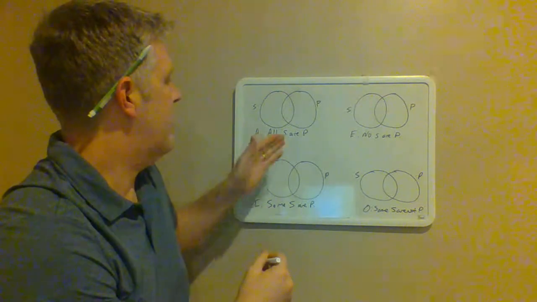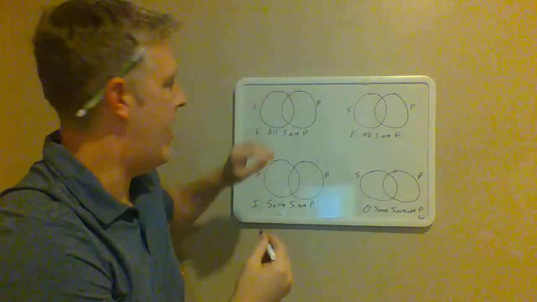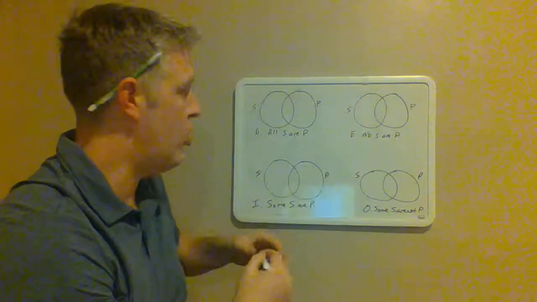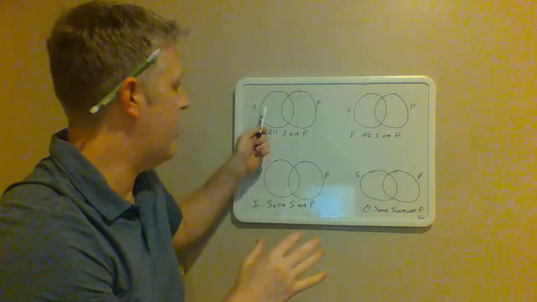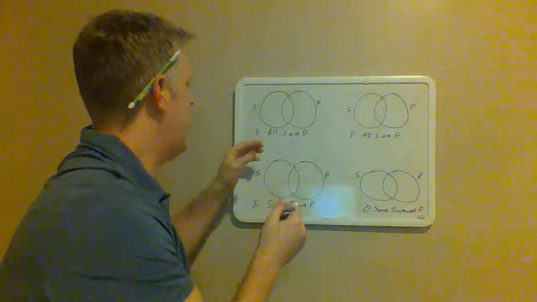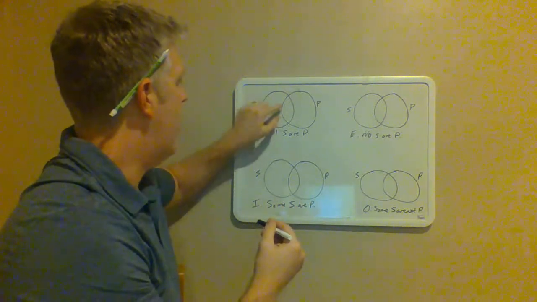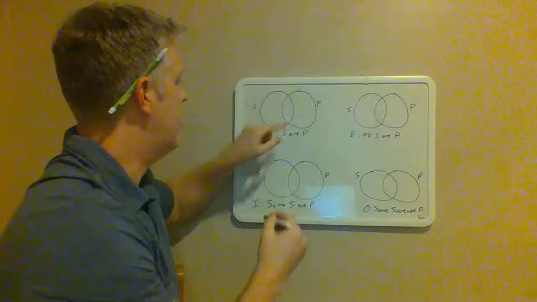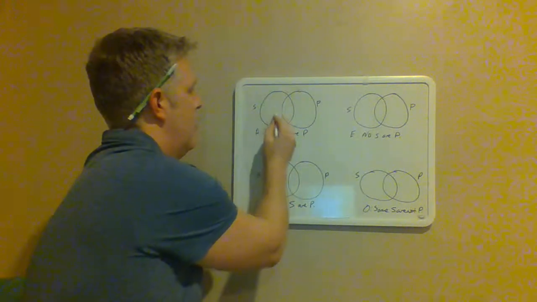So all S are P, the way we're going to represent that in the Venn diagram is we need to employ shading. Shading indicates exclusion, right? Wherever you see shading, that means there's no member in that area. So all S are P tells us that it's not possible to be an S and not at the same time also be a P. So we know there's going to be no members in this portion of the S circle.